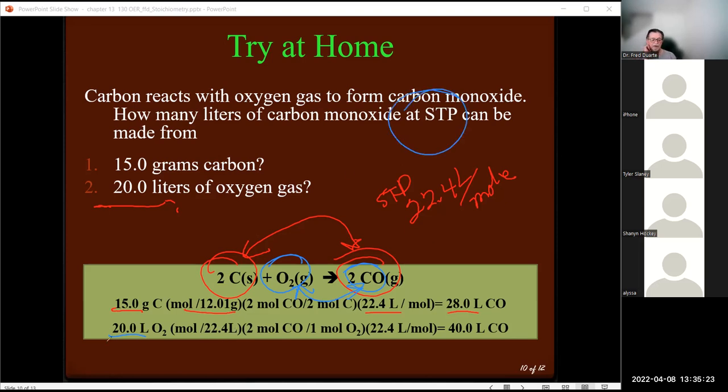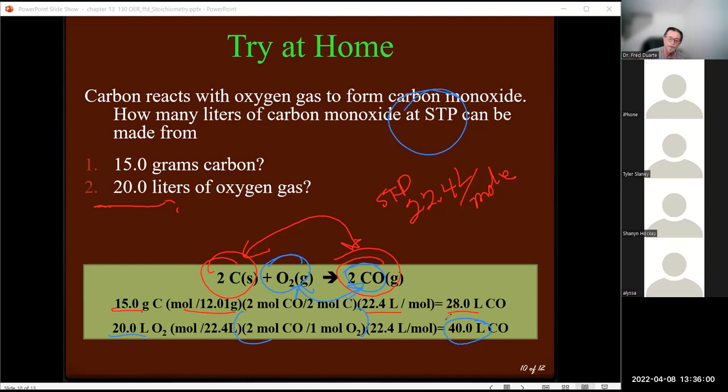That converts liters of oxygen to moles of oxygen. Then we use the stoichiometric relationship between the oxygen and carbon monoxide, which is 1 to 2. And finally, we go back to the 22.4 liters per mole because we're being asked how many liters of carbon monoxide can be made. So you make a total of 40 liters of carbon monoxide if you start off with 20.0 liters of oxygen.